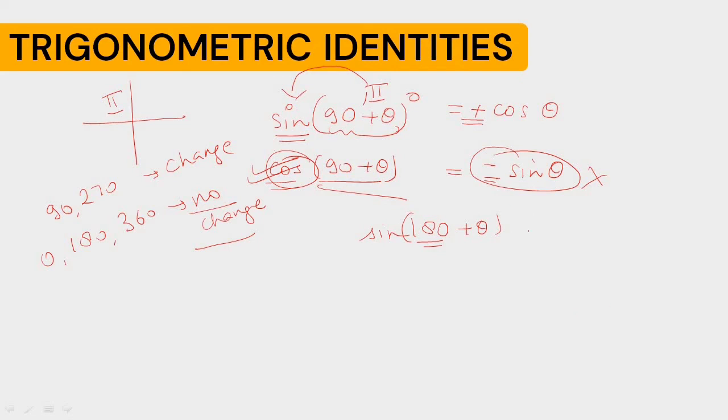Will sine theta be positive or negative? It will be determined by this: 180 plus theta will lie in which quadrant? It will lie in third quadrant. And in this quadrant the value of sine is negative. So here it will come negative sign. Understood?